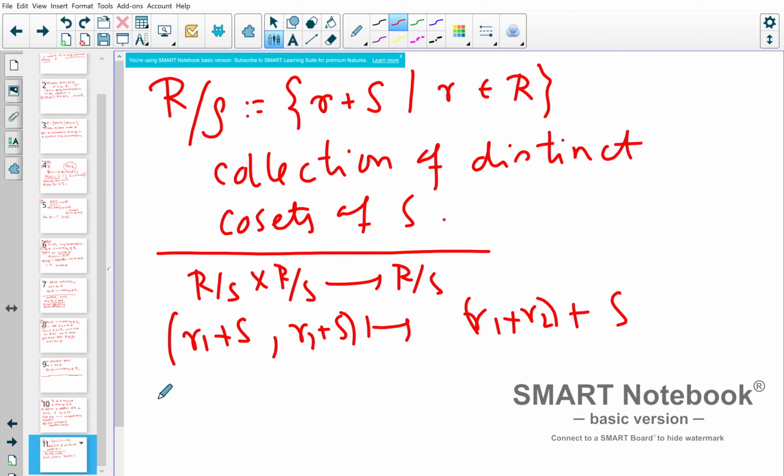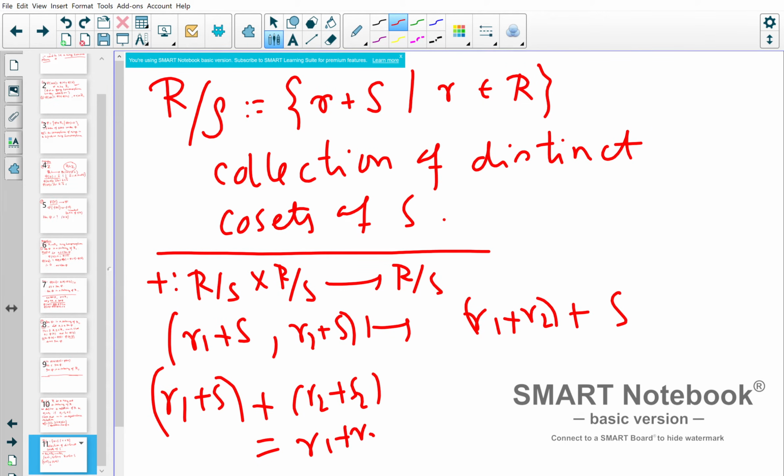This is the addition map. So the way we define this looks very natural.